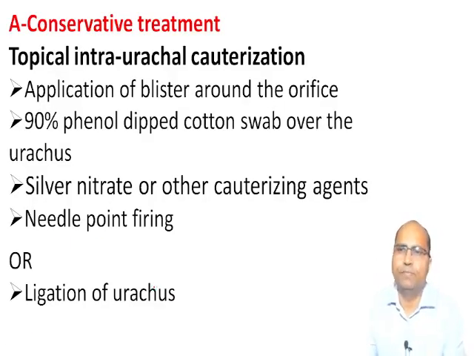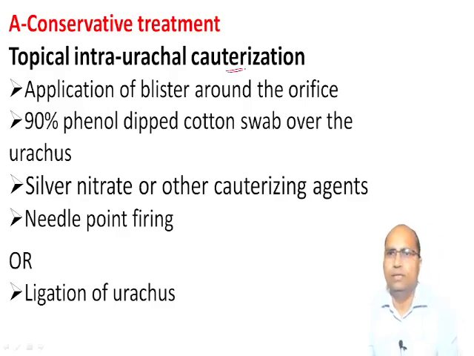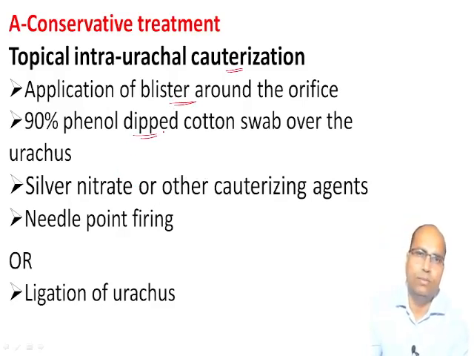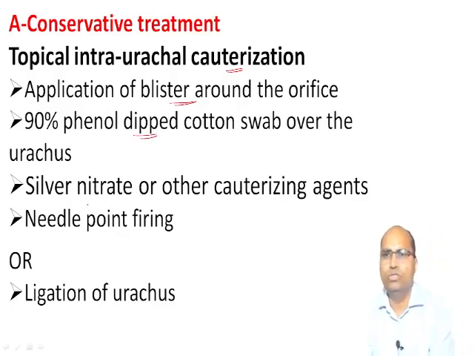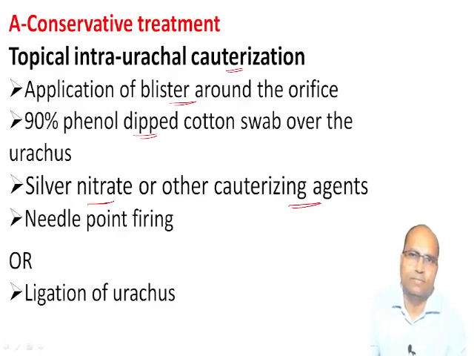Conservative treatment. Topical intraurethral cauterization should be performed using a blister around the orifice, using a phenol dipped cotton swab over the urachus, or we can use silver nitrate or other cauterizing agents.